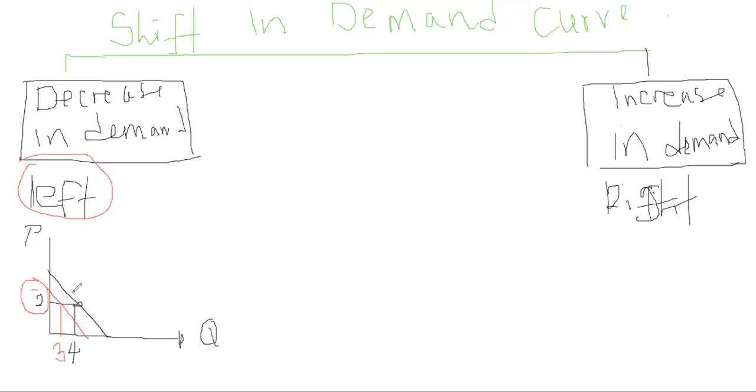But a shift in the demand curve, either to the left or right, is caused by other factors. And one of them is the income of the buyer. Another thing could be the taste of the buyer.